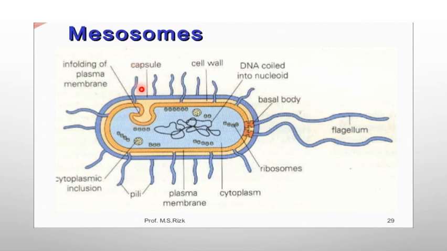And when this extension is going to divide, or it is going to increase, it will increase the surface area, it will divide the cell, it will replicate the DNA, it will help in respiration and in secretion. These are the important functions of mesosomes.